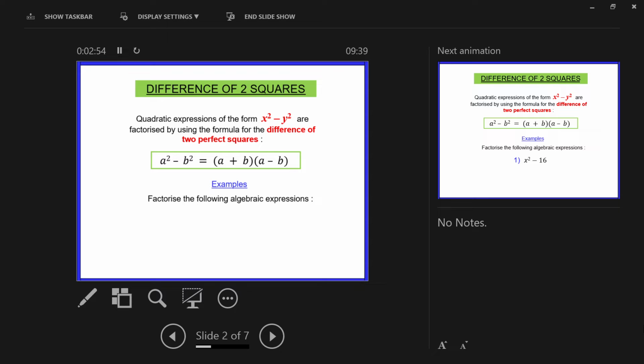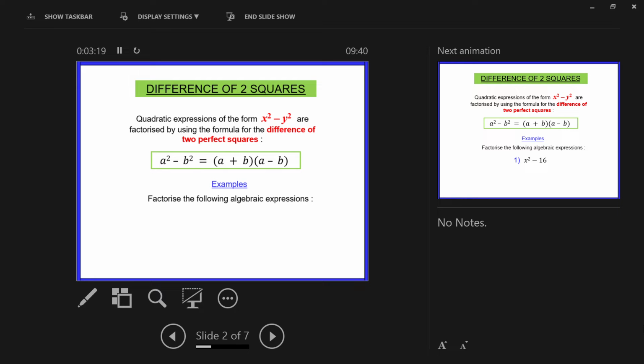Then, how do I know what these would be? Remember I just said that we've got to get the square root of each? No? So the square root of a squared will be a. And that's why we write a first in every bracket. The square root of b squared would be b. Can you see I ignored that sign? No? The square root of b squared will be b.